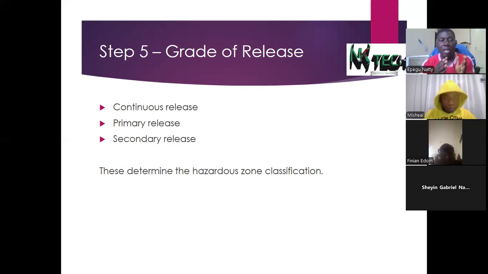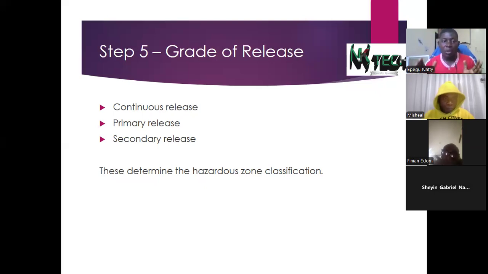And then we have the primary release. The primary release is during your normal operation, when you are operating, everything is stable. But then there is likely, especially for the leak, something going on in that region.